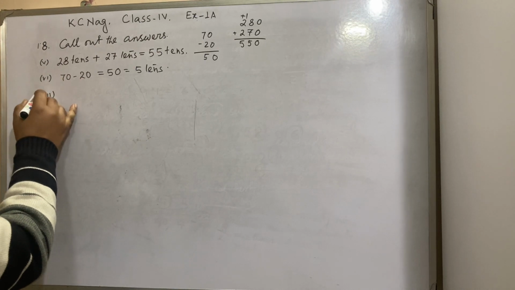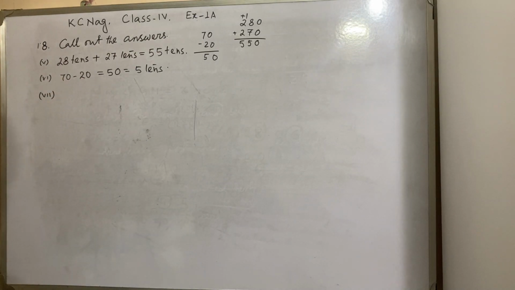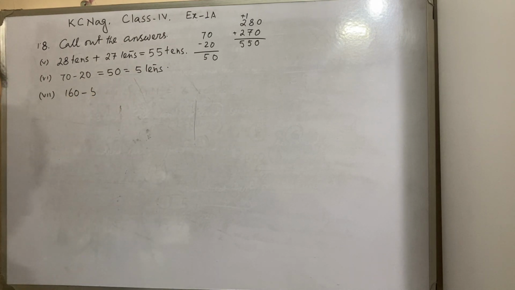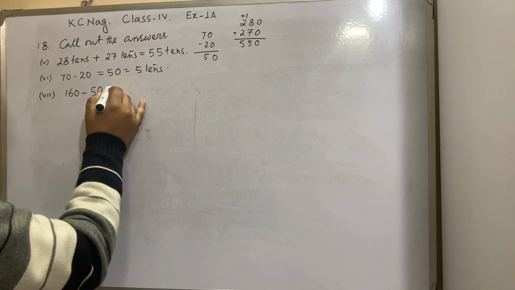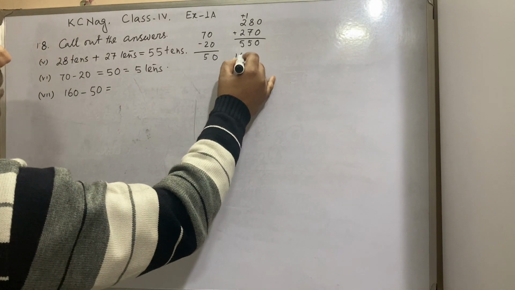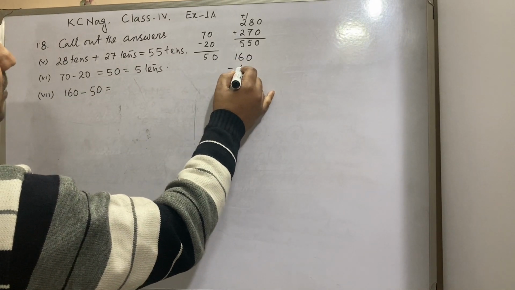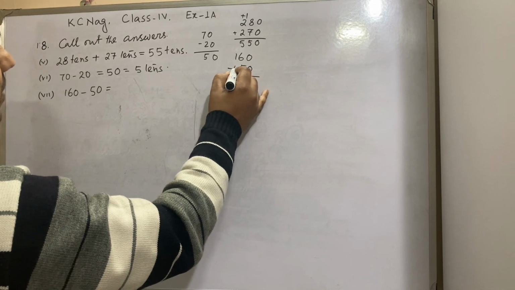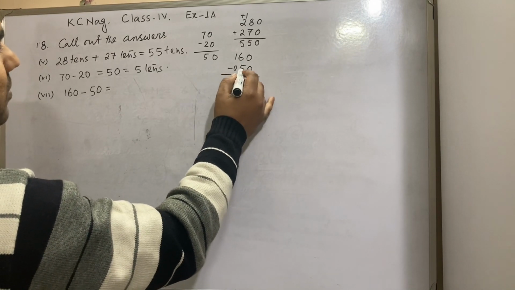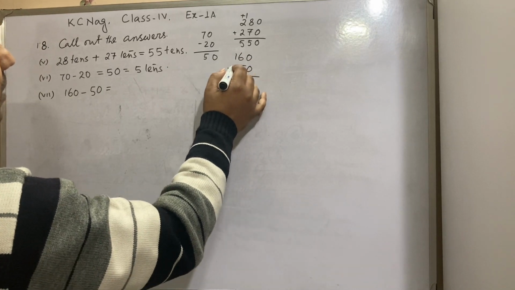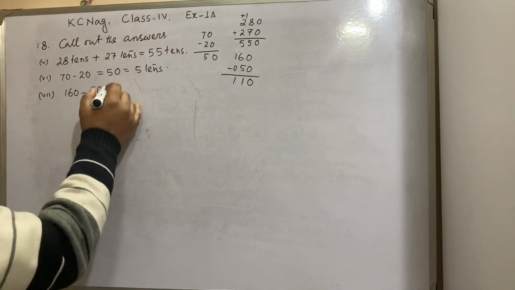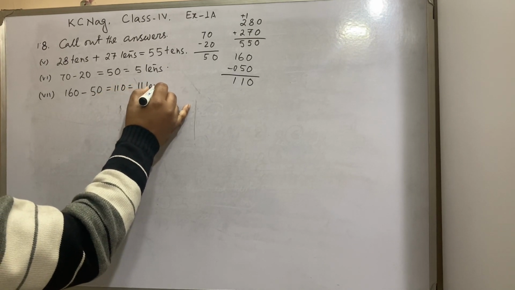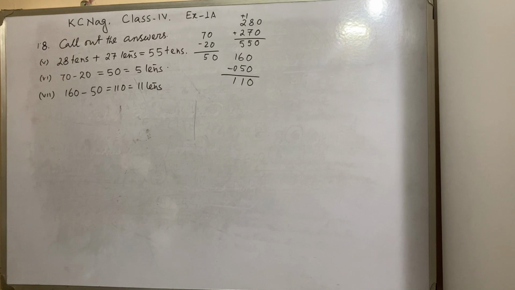Next, question number 7. 160 minus 50 is equal to, so 160 minus 50, nothing is underneath 1, that means 0. So 0 0, 5 to 6 we have to count 1, and 1 to 0, 1 will come down. So total is 110, that means 11 tens or 110.